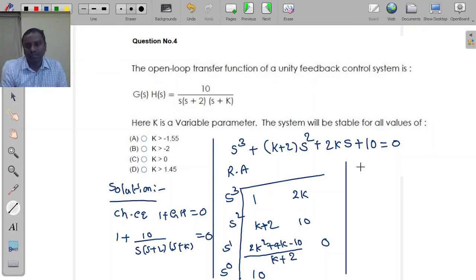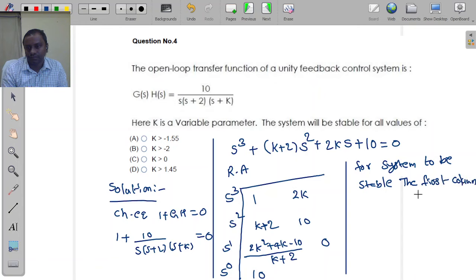For the system to be stable, the first column elements of the Routh array must be positive.